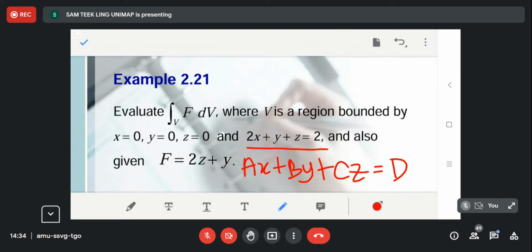Your a, b, c, d are constants, are values. So this is the basic tetrahedron form.